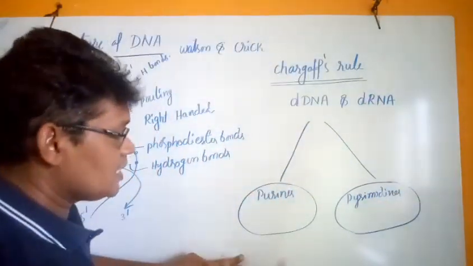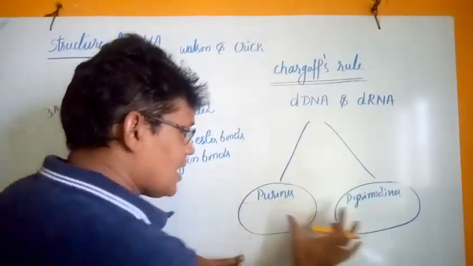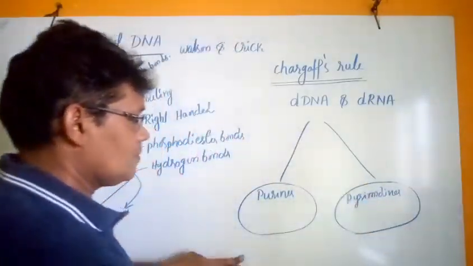Generally, there are equimolar purines and equimolar pyrimidines.